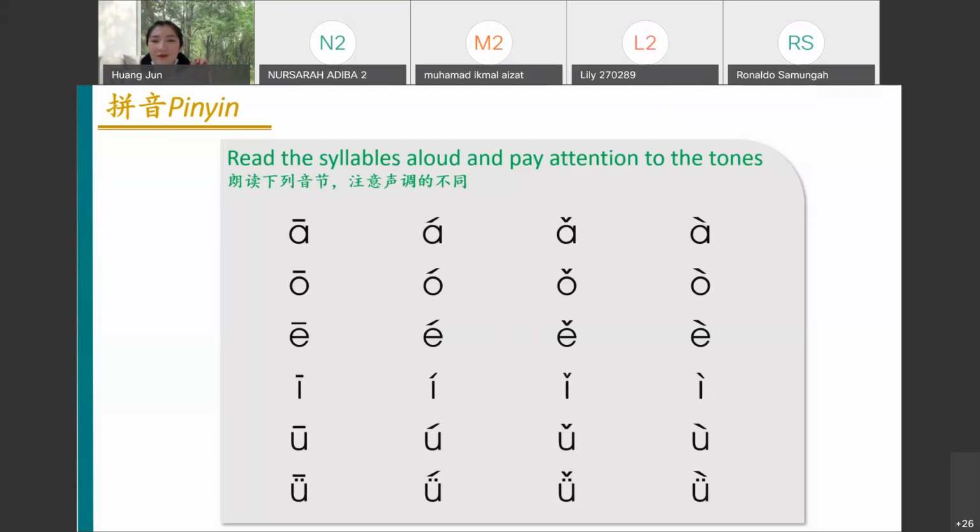Group 3, number 1. Group 4, number 1. Okay, one more time. E. Group 4, number 1. Seriously? Group 4, number 4. Finally, we got the correct answer. How could E be the first tone?